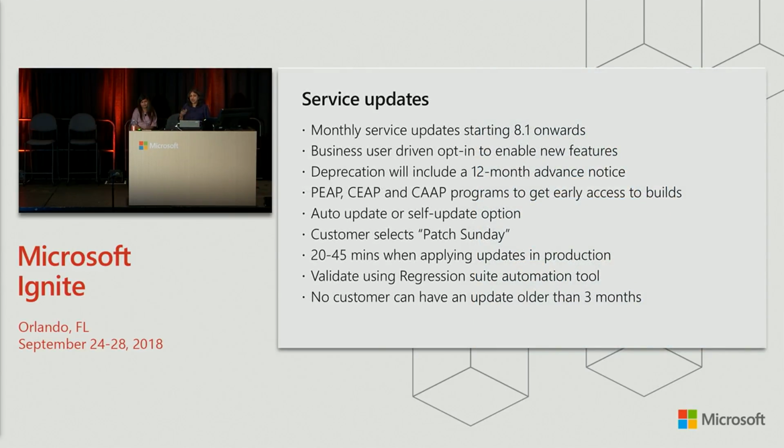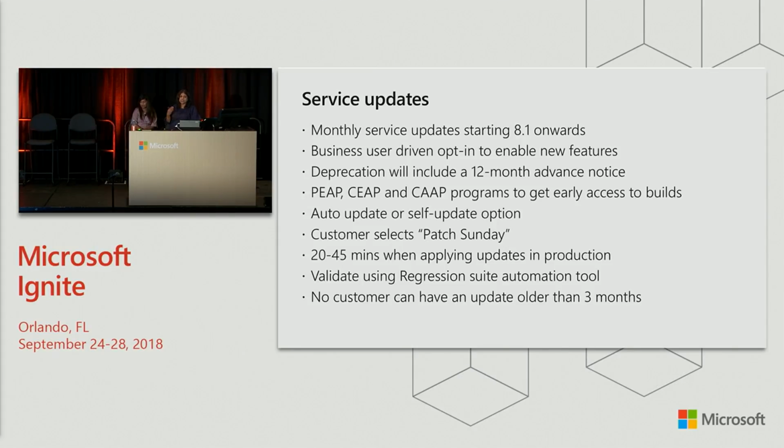So starting 8.1, there will be monthly service updates that you can expect. These updates will be both application and platform together. So there'll be a single package for both application and platform. In general, new features will not be enabled by default.